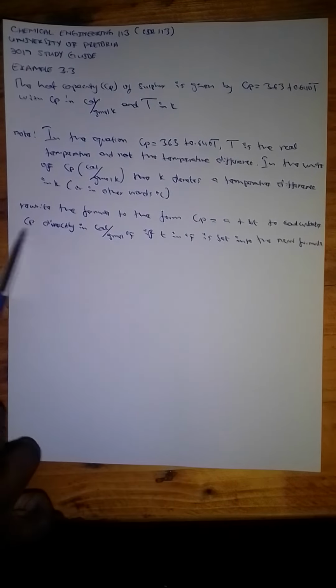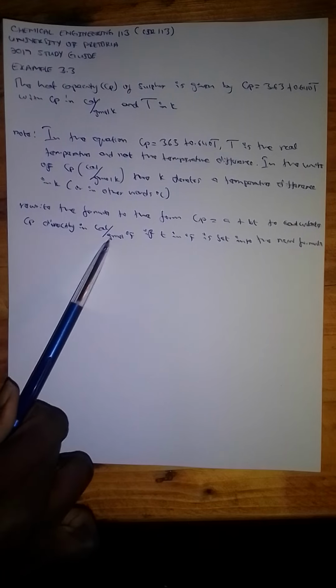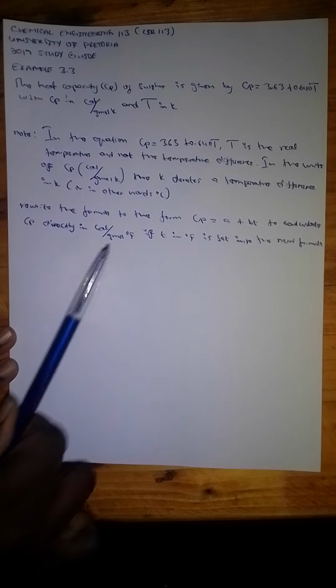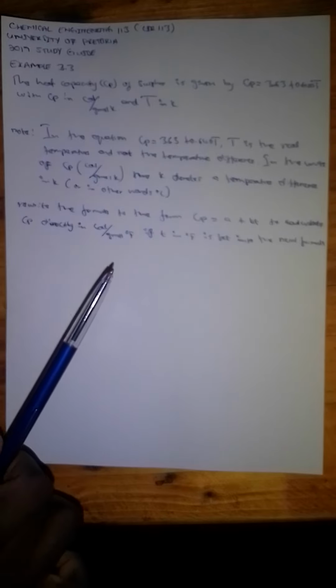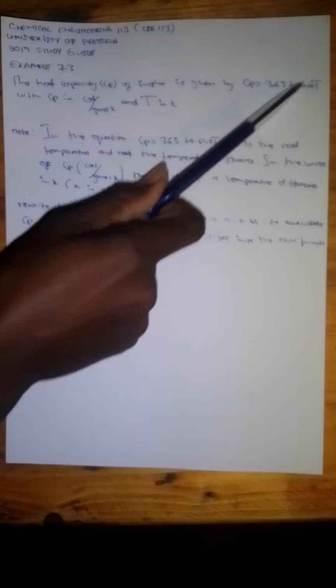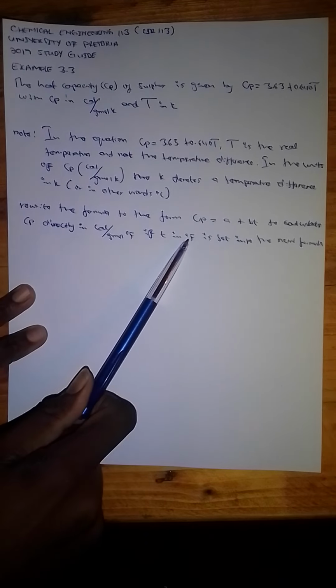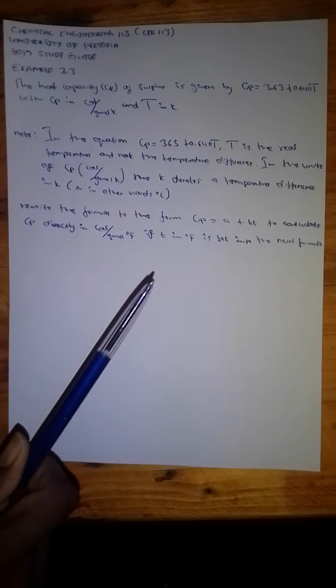To calculate Cp directly in calorie per gram mole degrees Fahrenheit, two things need to happen. We first need to convert the T, which is in Kelvin, into the T in degrees Fahrenheit in this equation. That is the first conversion.